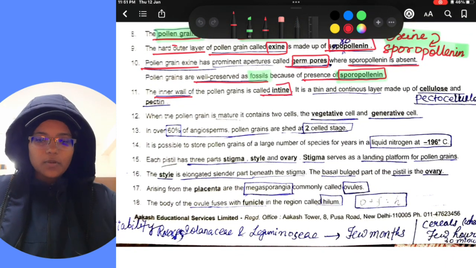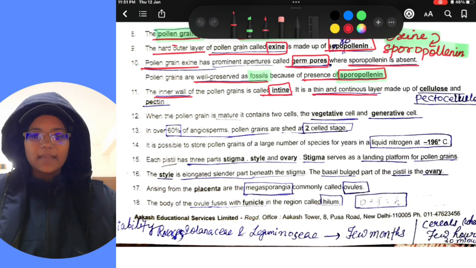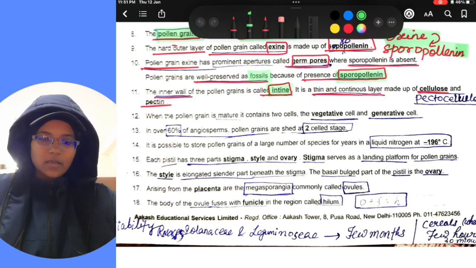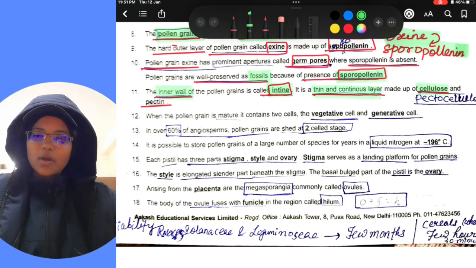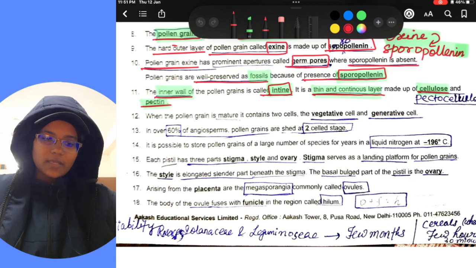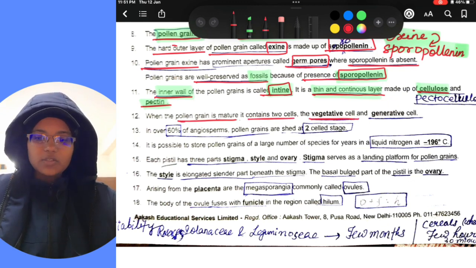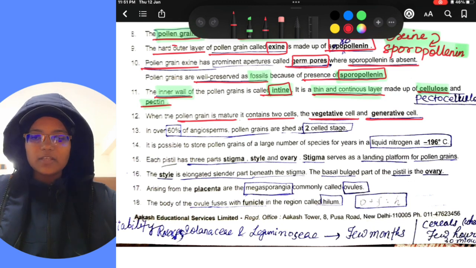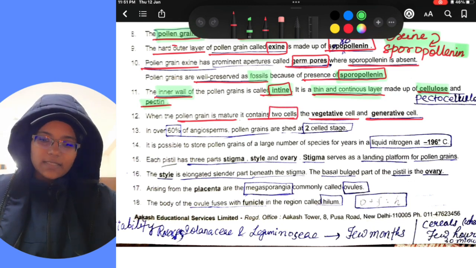The inner wall of the pollen grain is called intine. It is a thin and continuous layer made up of cellulose and pectin. When the pollen grain is mature, it contains 2 cells, a vegetative cell and a generative cell.